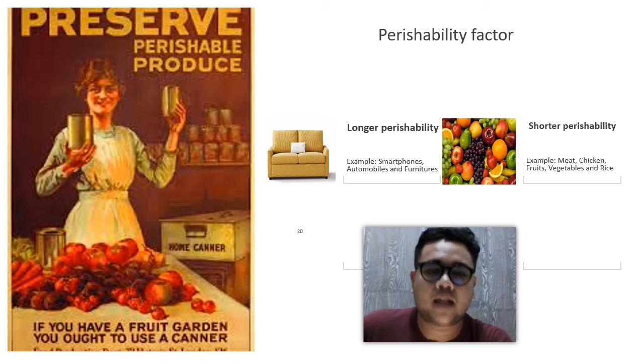On the other hand, for the longer perishability, the manufacturing sector has a lot of products that will last for a long time, like technology in smartphones production and also furniture.